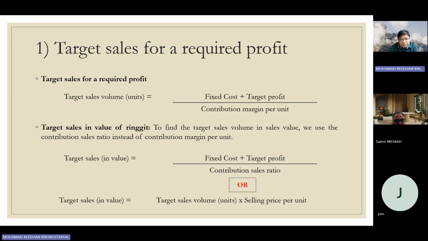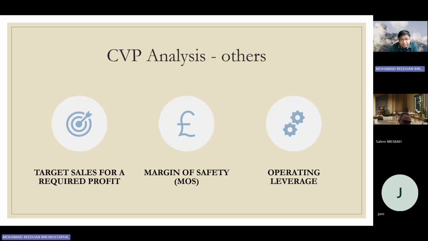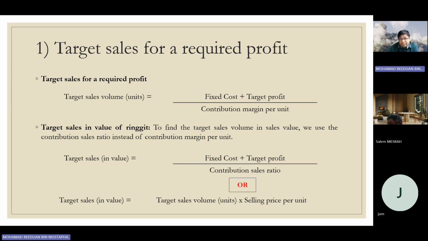This one is a common one. If you already have the volume, then you can use another formula. The difference from the previous one is that we want to find the target sales for the required profit, so we just add the target profit.